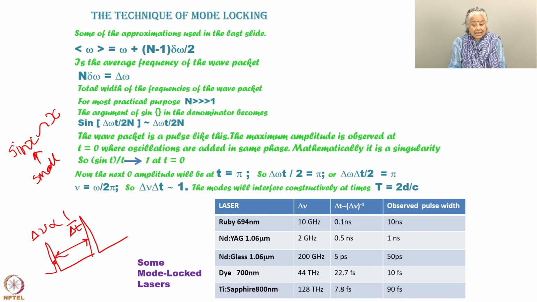Now, how exactly would you make this mode locking work? I'll go back to the saturable absorber. Here I assume that I am using a saturable absorber as a shutter inside my resonator cavity. So, I have this resonator cavity, and I have this saturable absorber.